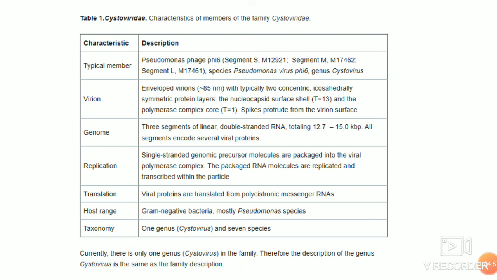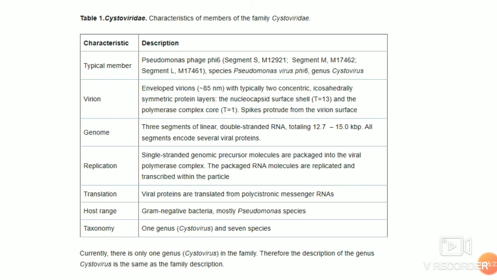So overall, the infected host is Pseudomonas syringae, and the example is Pseudomonas phage phi6. The virion is enveloped, and two concentric icosahedral symmetric protein layers are present inside.